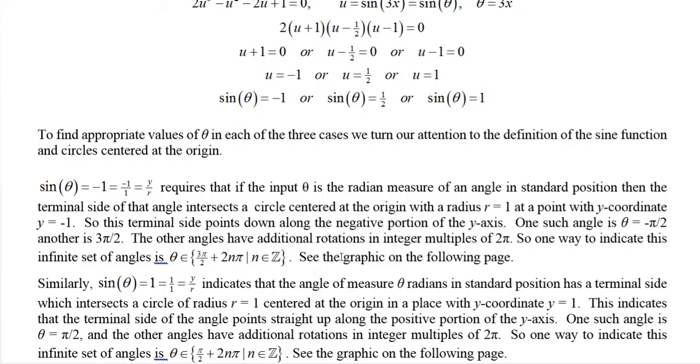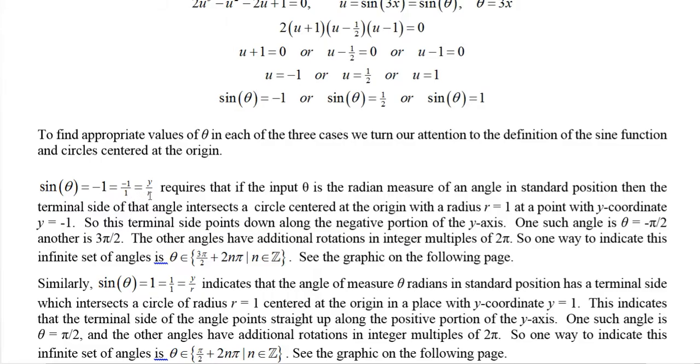And so sine of theta is y over r when you're thinking of the angle in standard position. So, remember theta is the radian measure of the angle in standard position. And so the terminal side of our angle then will meet a point with x coordinate x, y coordinate y, and distance r, where y over r is -1/1.